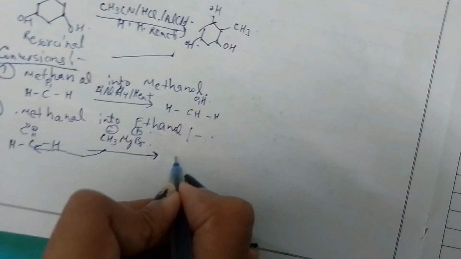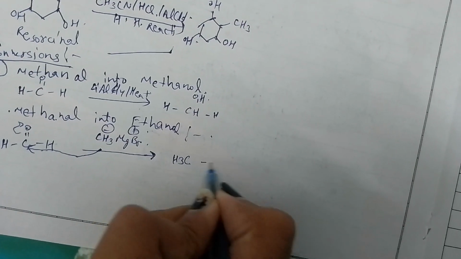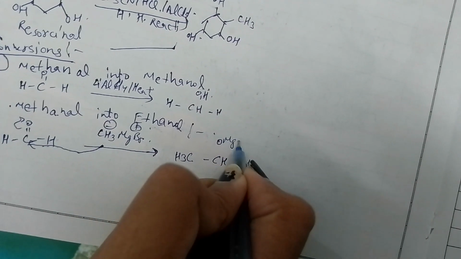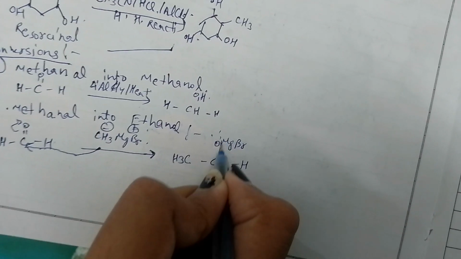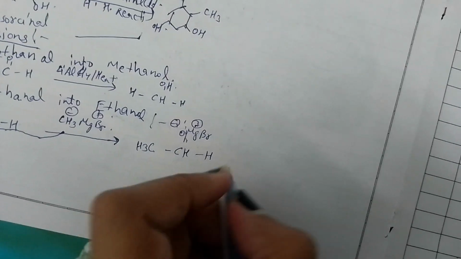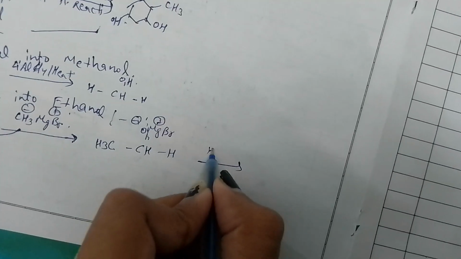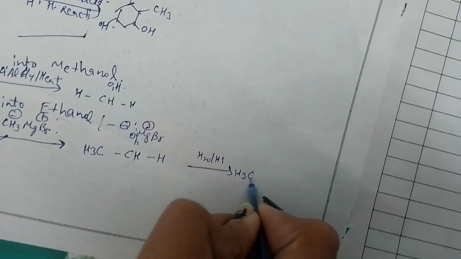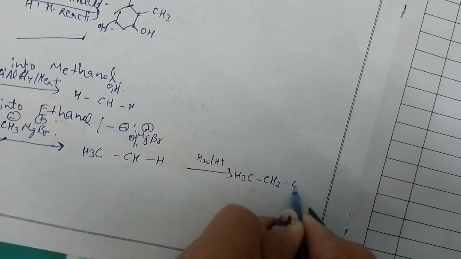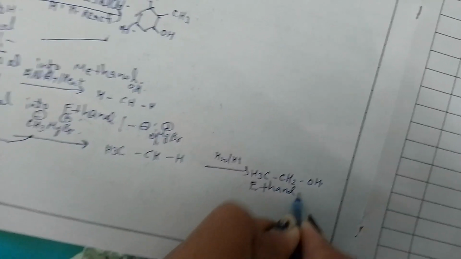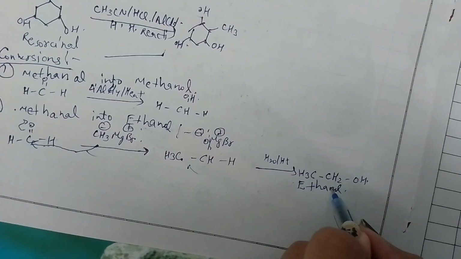Now the product is CH3CH2OMgBr. This is the positive part, this is the negative part, and now we will add water to it to get CH3CH2OH. So our product is ethanol. In two steps we convert this into ethanol.